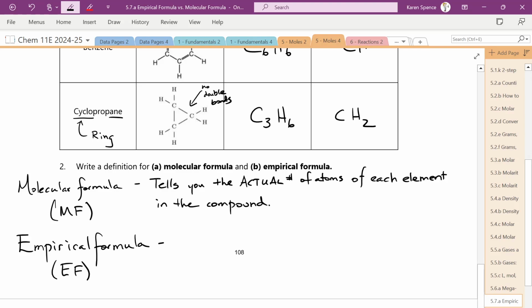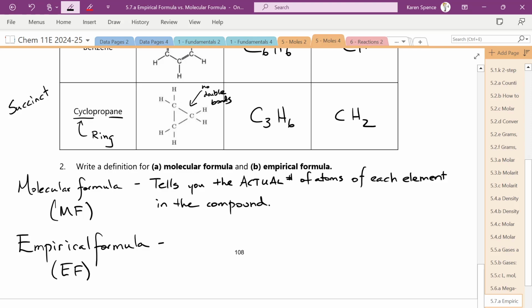So I'm going to give you a nice succinct way of saying it. Do you guys know the word succinct? It means short and to the point. It says what you need it to say without saying too much more.